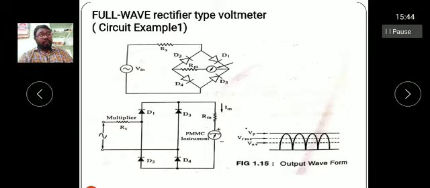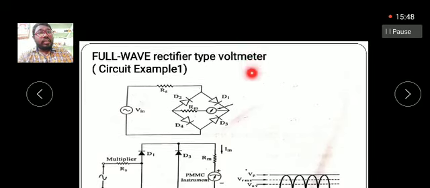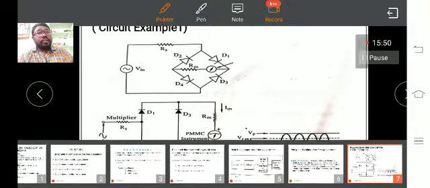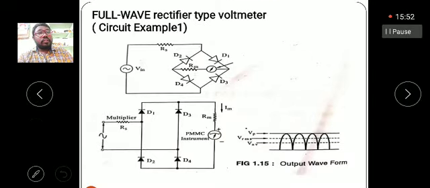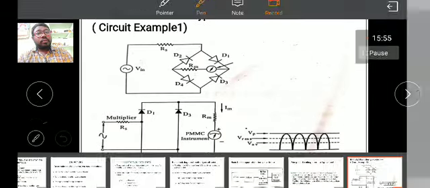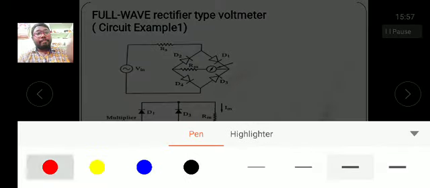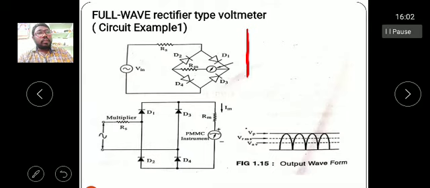For example, here the input signal is like that.